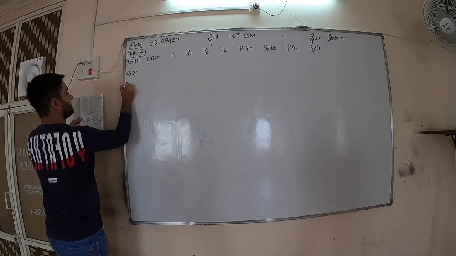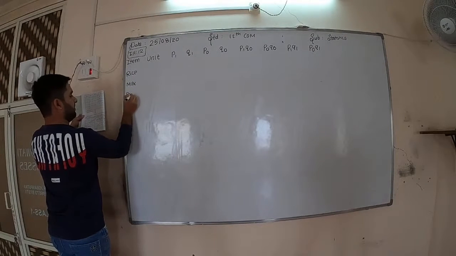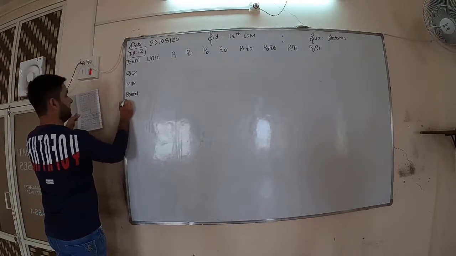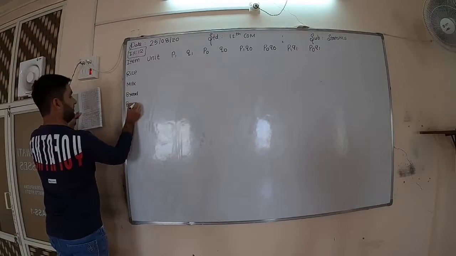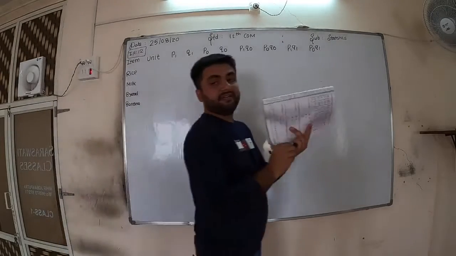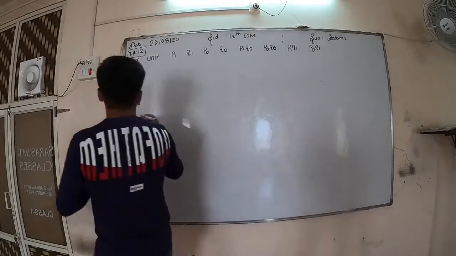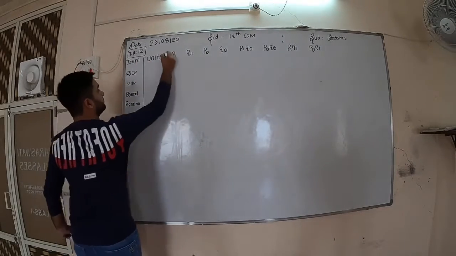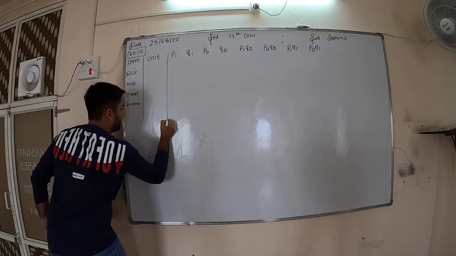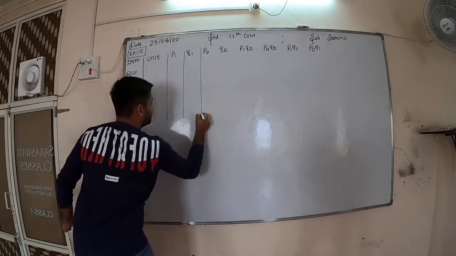Rice, milk, bread, banana. Then I will draw the lines. So this many columns are made.